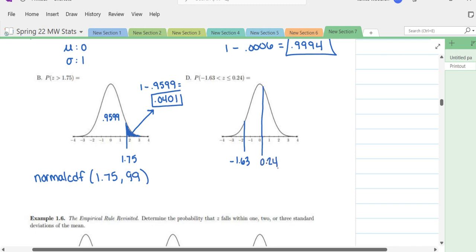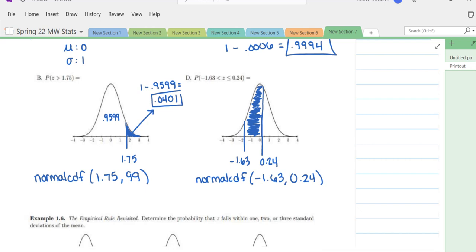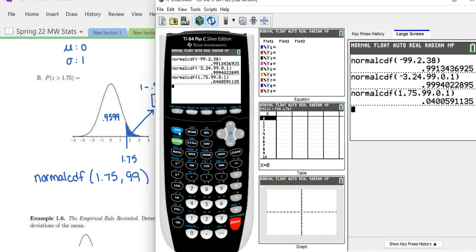Okay, those are your values, so this is what I'm looking for, this area right here. So in your calculator, this is simple. You just go normal CDF. Your lower limit is negative 1.63. Your upper limit is 0.24. And you would keep the mean and the standard deviation at 0 and 1.